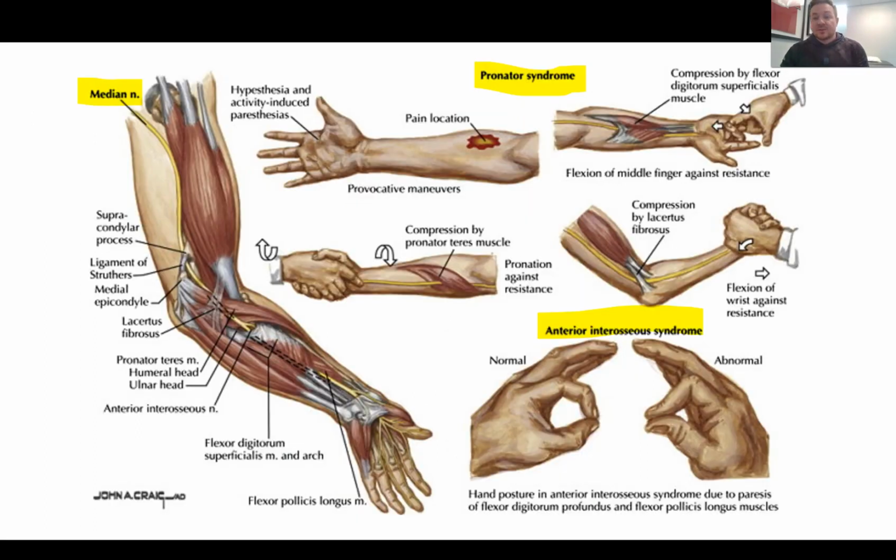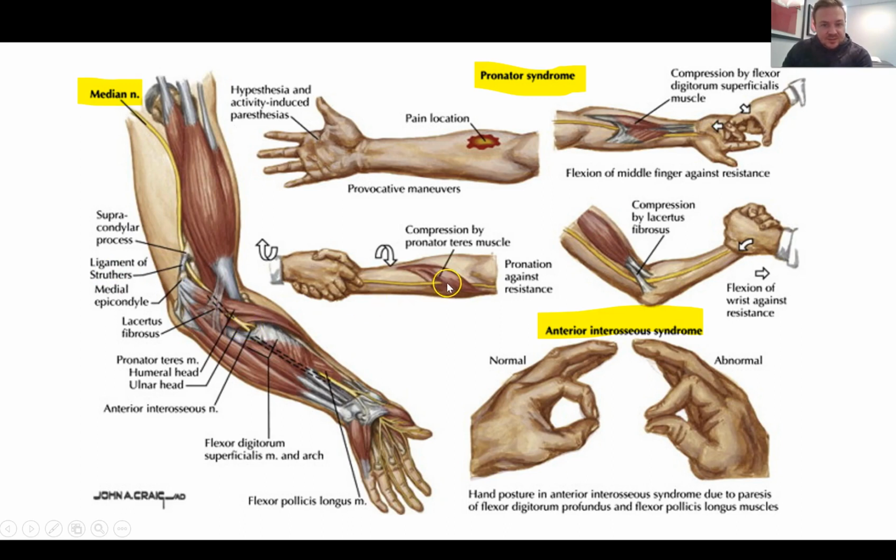Here are some ways you can test peripheral nerves as well. This is in your elbow lecture, compressive neuropathy elbow lecture. But you can see that the median nerve travels along a long track. Any of these areas that you see are areas where the median nerve can get impinged. So you have this area right here, the ligament of Struthers, there can be an impingement site. You have the pronator teres syndrome, right?